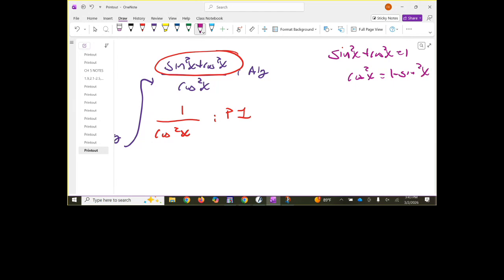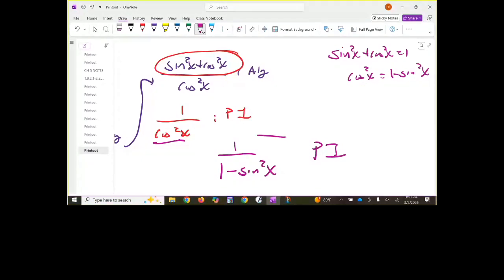It's just another version of that. So we say this is 1 minus sine squared x, and again, that is another Pythagorean identity.